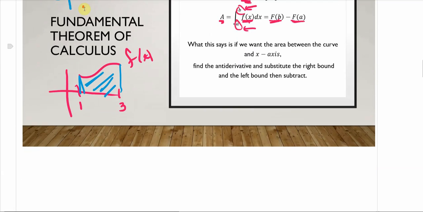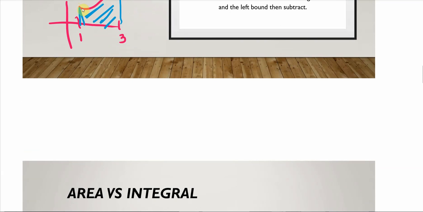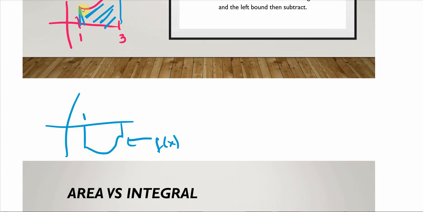But please understand that I could have also done something like this. Here is my function, f of x, and it's still going to be from 1 to 3, but if you notice now, the area between them is below the x-axis, between the curve and the x-axis. This is still area.